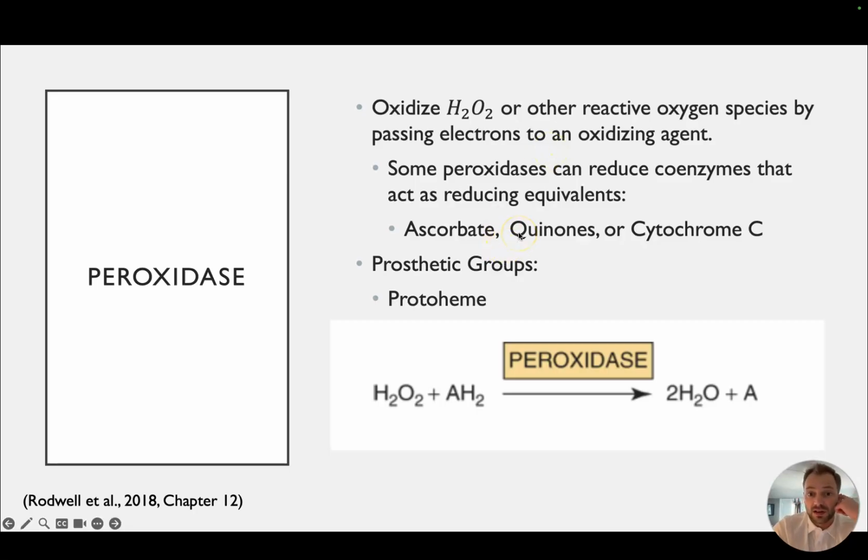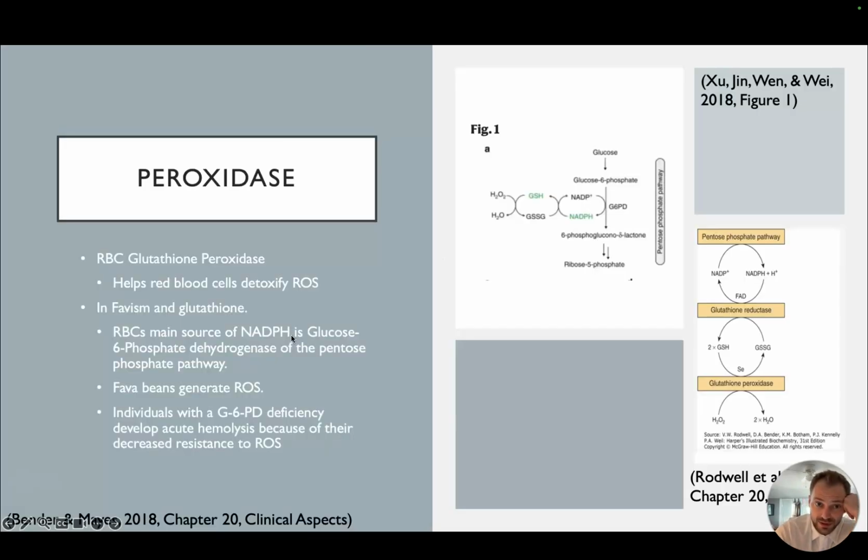A couple common reducing equivalents that accept these electrons are ascorbate, quinones, and cytochrome C, and a common prosthetic group is a protoheme. Peroxidases are super interesting in that, that's the next slide. Red blood cells leverage these reactions to prevent the accumulation of reactive oxygen species.